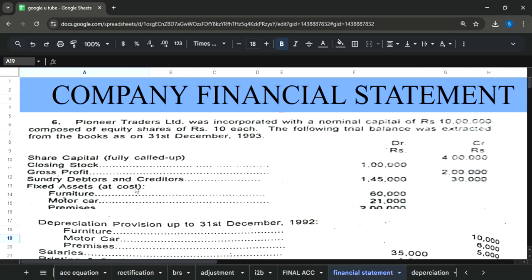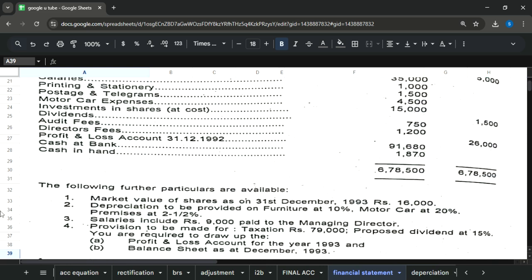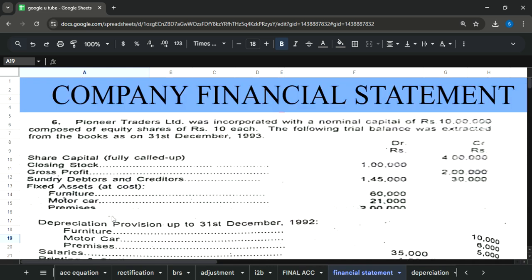This is written cost, so you will apply this rate on original cost. While if it is said to apply depreciation according to diminishing balance method or declining balance method, you will take value of furniture, then you will subtract previous depreciation or accumulated depreciation. You will get the remaining amount. So rate of depreciation would be applied upon remaining amount.